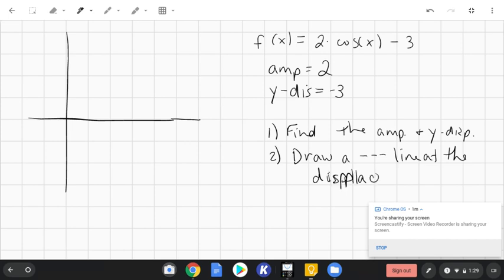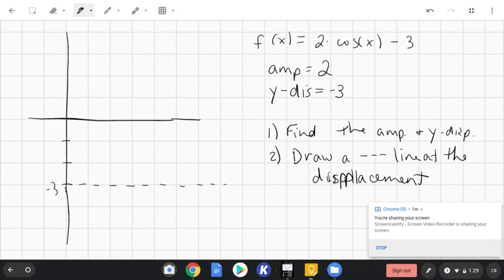So let's see if this will come in. I have a few issues on delay here. All right, so the displacement here is down here at -3. So I'm going to count down 1, 2, 3. That's -3, and I'm going to put the dotted line down there to represent that.